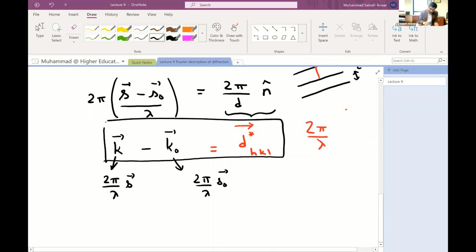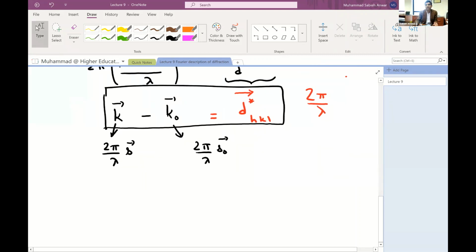So the change in the wave number equals a reciprocal lattice vector. This is the key idea of diffraction, and this is the vectorial formulation of Bragg's law. Conventionally, reciprocal lattice vectors are also represented by the vector G, and you can put small HKL indices with it.